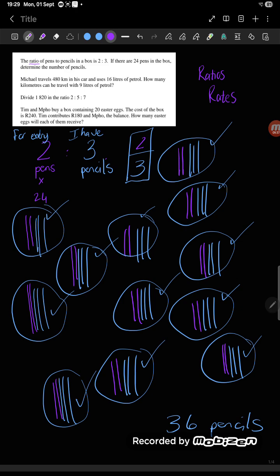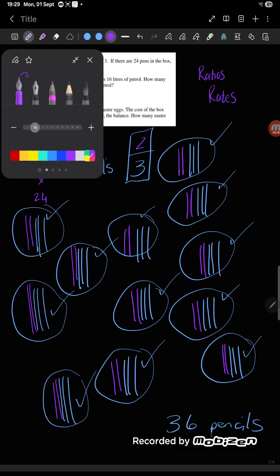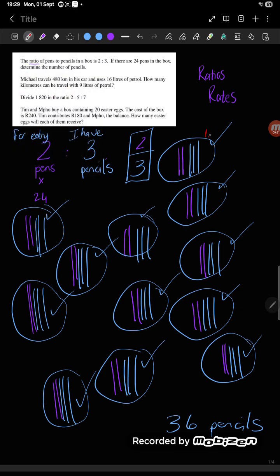Well, how many groups do I have? I have 1, 2, 3, 4, 5, 6, 7, 8, 9, 10, 11, 12. I have 12 groups of those pencils to get 24, which means I times by 12.